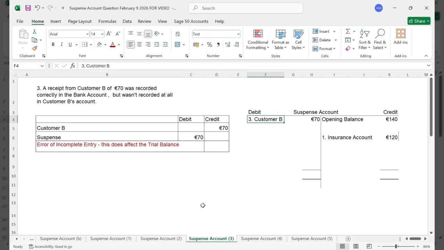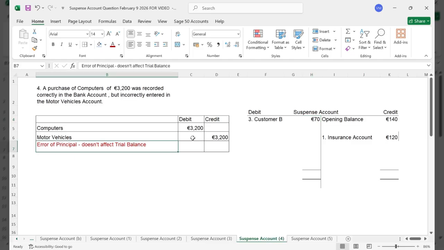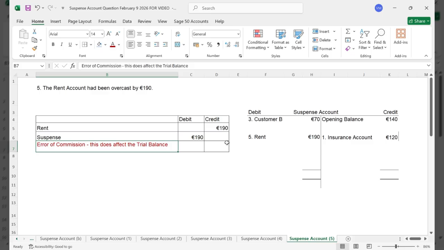Next one, the receipt of 70, does affect the suspense account because it was left out of one side, so you'll see an entry here of 70, debit. This one, you're moving figures out of the motor vehicles into the computers account, and it doesn't affect the suspense account.